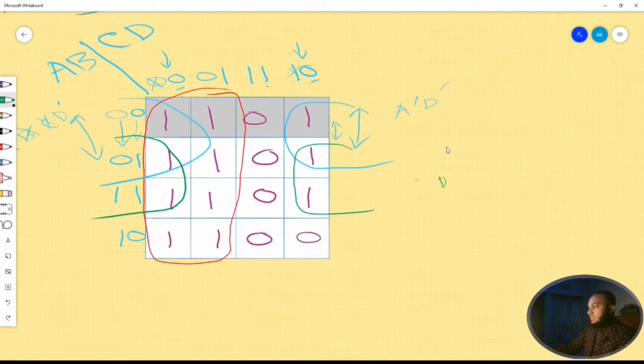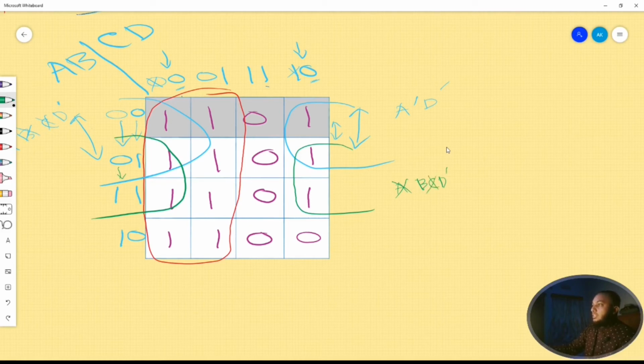So we can easily write D prime, and it covers the second row and the third row, and we see that from second row to third row, or from second state to third state, A changes from 0 to 1, so we can't take A for the green group, and B doesn't change and it remains 1, so we will take B. And again, as the green group covers first column and last column, similarly like the blue group, we can't take C also.